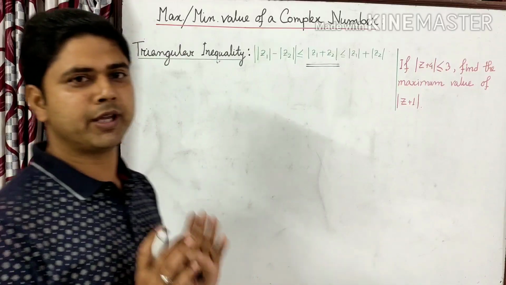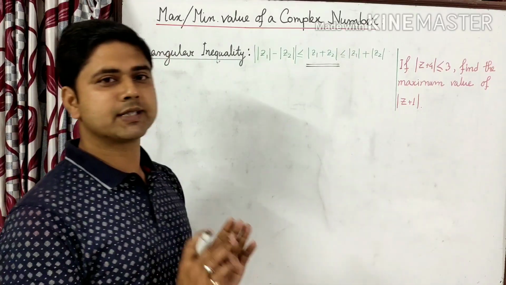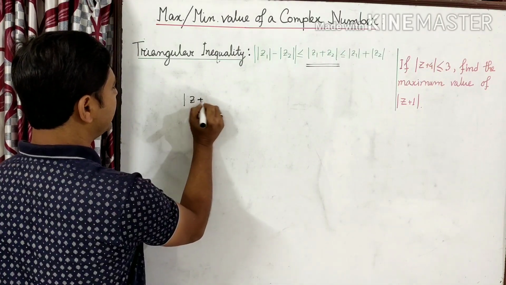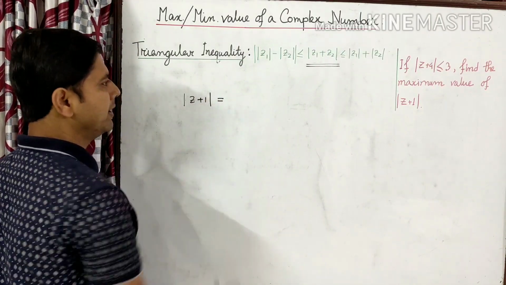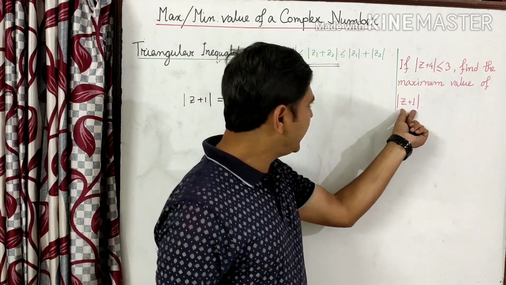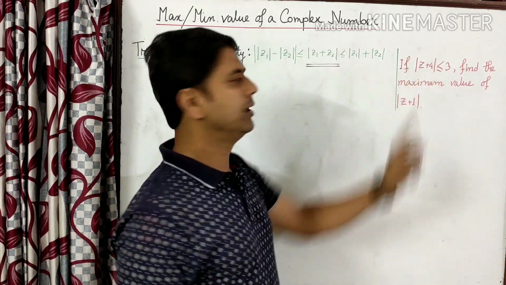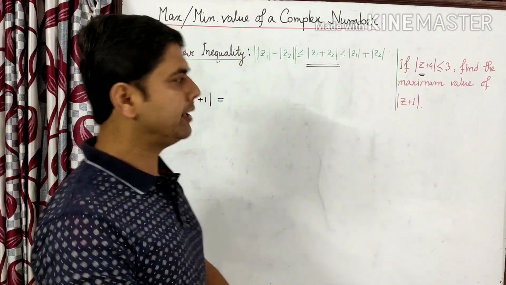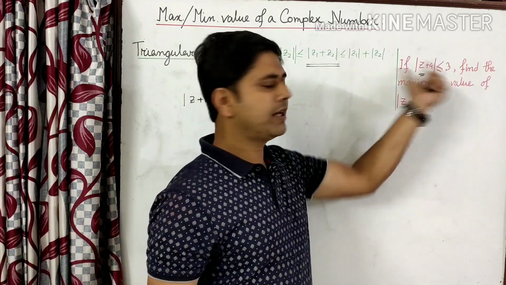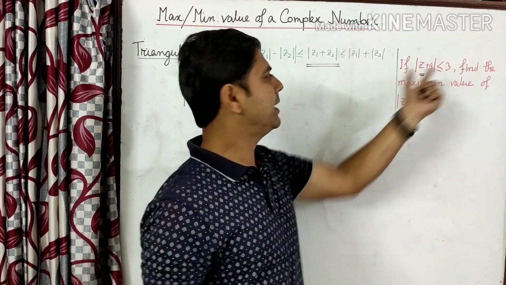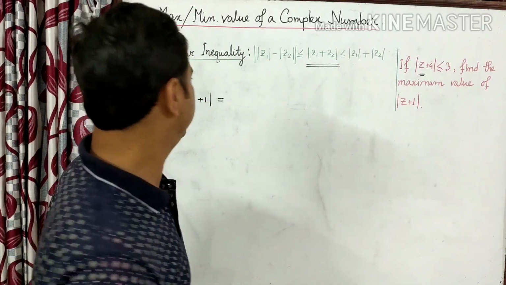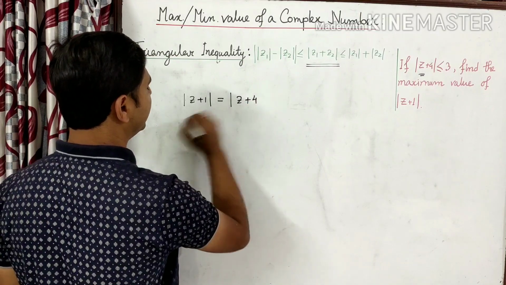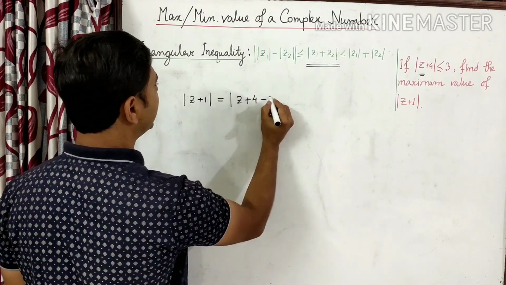This z plus 1 you have to express in terms of z plus 4, because you have to use this particular condition. Therefore you can write this one like that: z plus 4 minus 3.